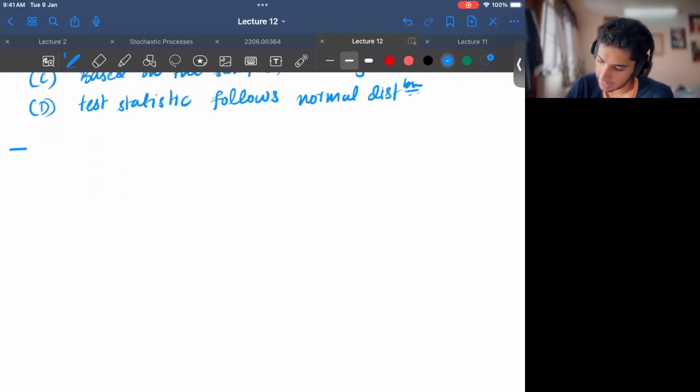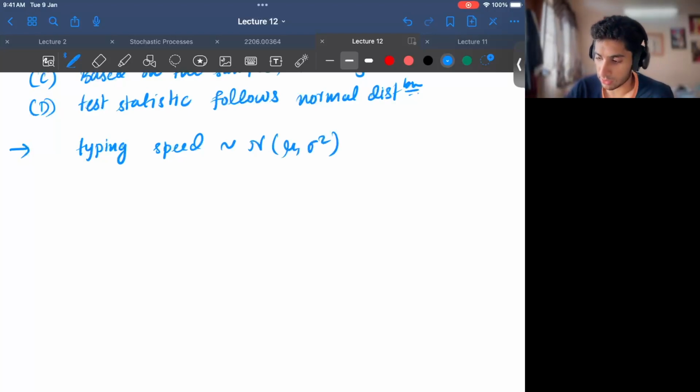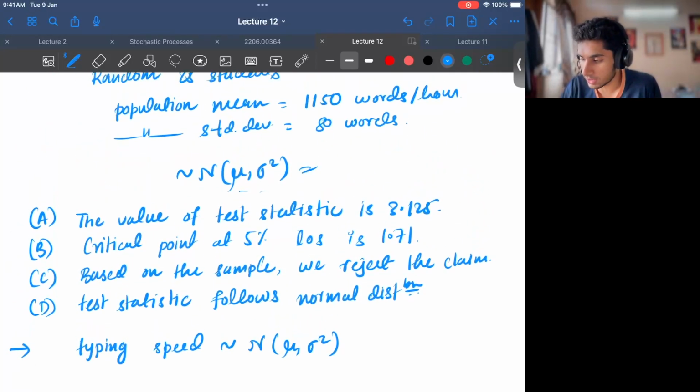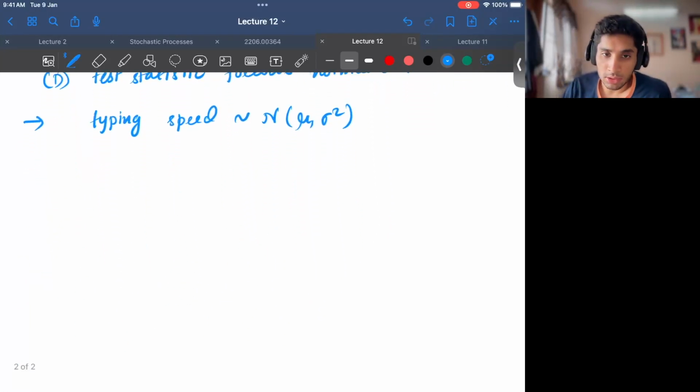So let's see. It's a simple thing again. Just need to remember the basics. We have to assume that typing speed is distributed according to a normal distribution with some unknown mean mu and unknown sigma square. That is given to you, so you can assume this. If that is the case, what is your null hypothesis?